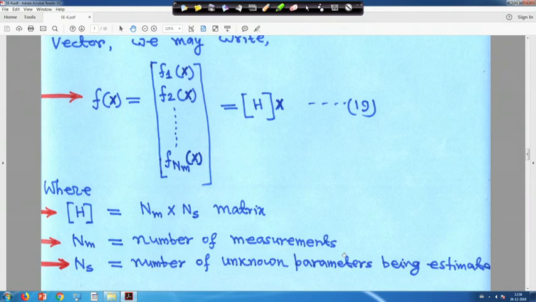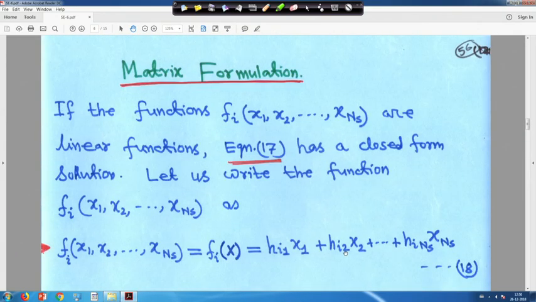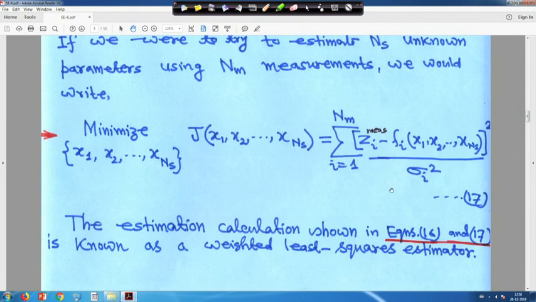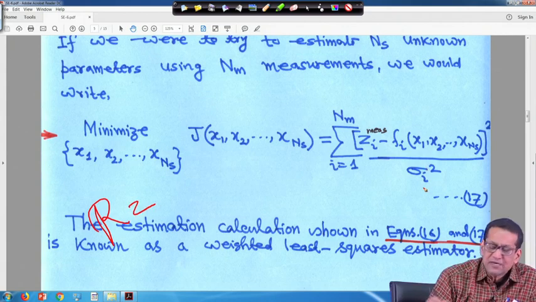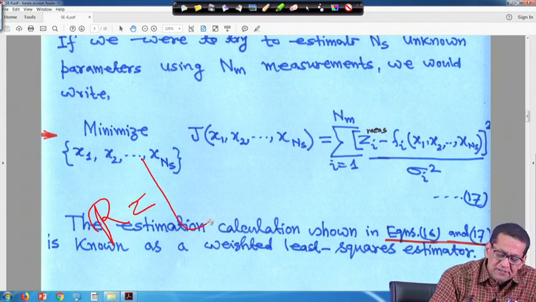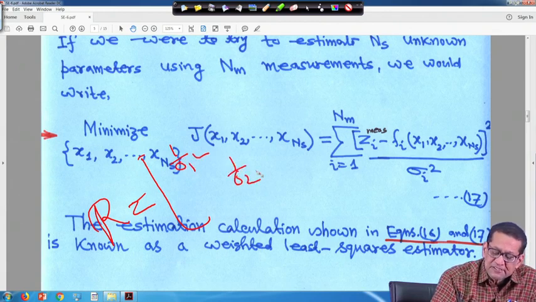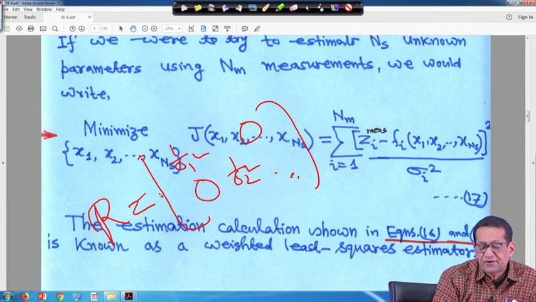What is matrix R? If you come here, this is the sigma_i square term, and later it is given as 1 upon sigma_i square. So R will be a diagonal matrix with 1 upon sigma1 square, 1 upon sigma2 square, and so on, with zeros elsewhere.